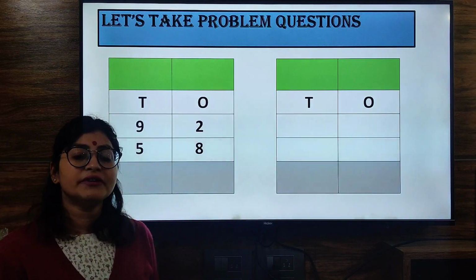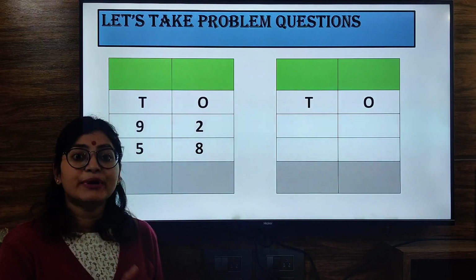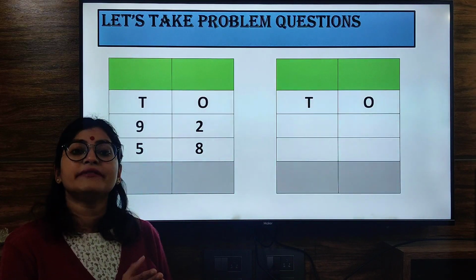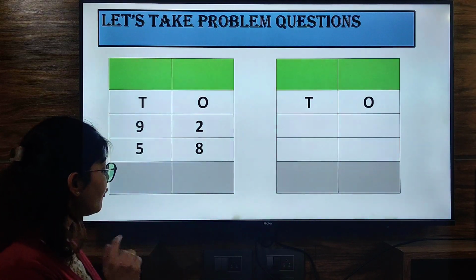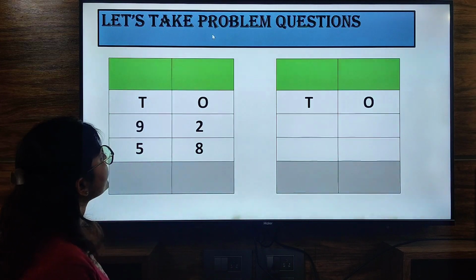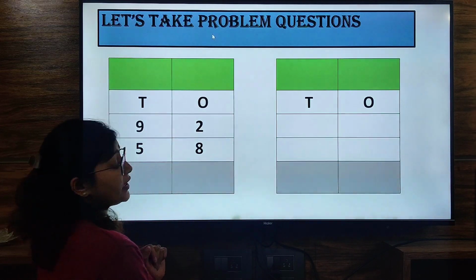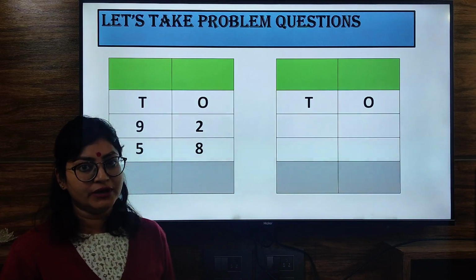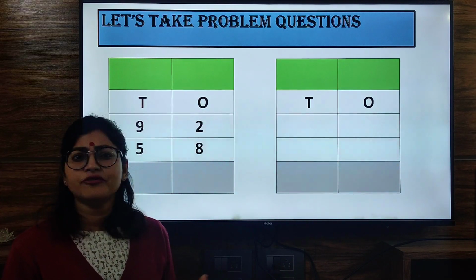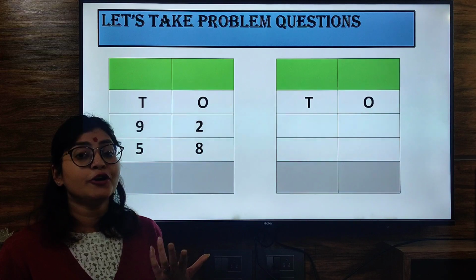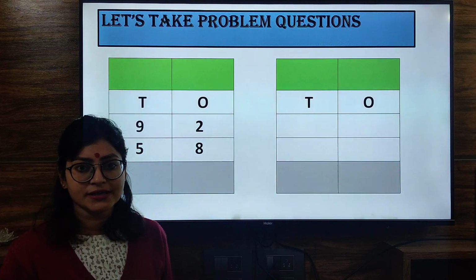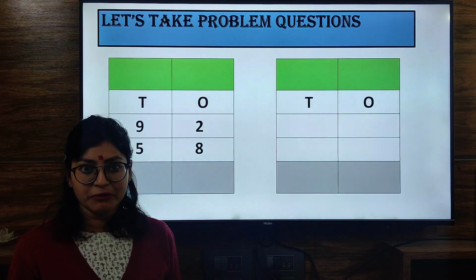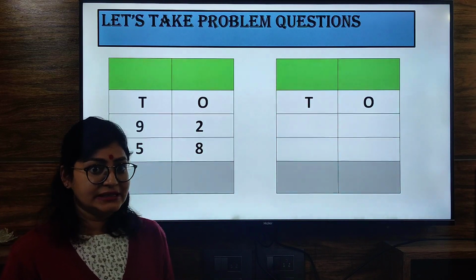In addition, we were doing carryover, but in subtraction we do borrowing. How we do it is, I told you the fourth rule today, which is take care of your neighbor. In your class, whenever you forget to carry your pencil or your pencil box, you always borrow it from your neighbor, saying, okay, please give me one pencil.